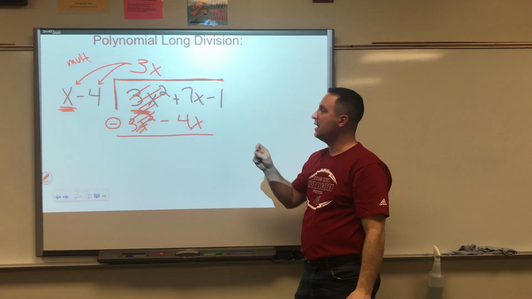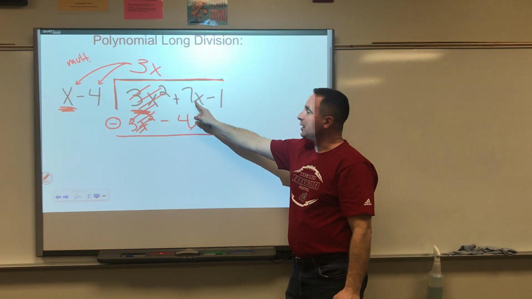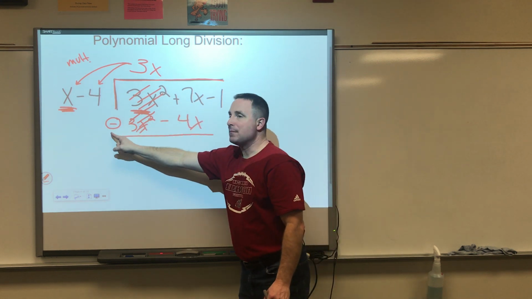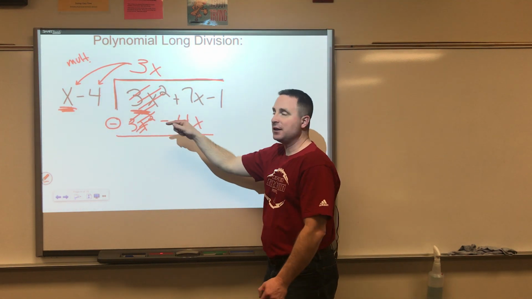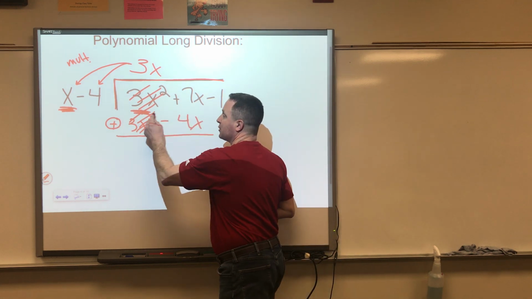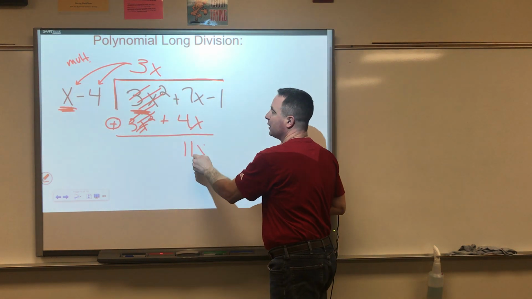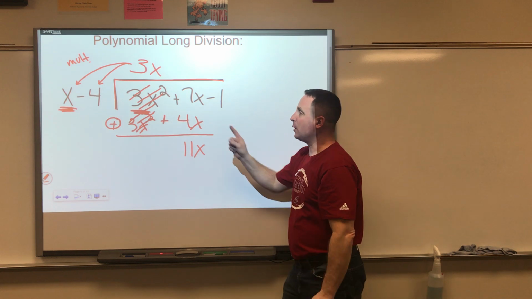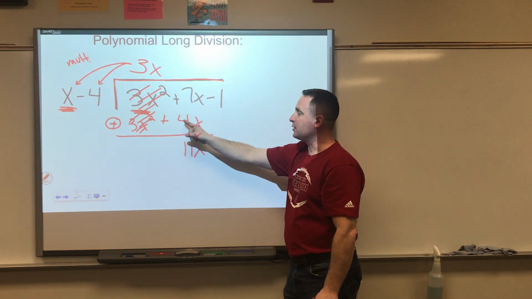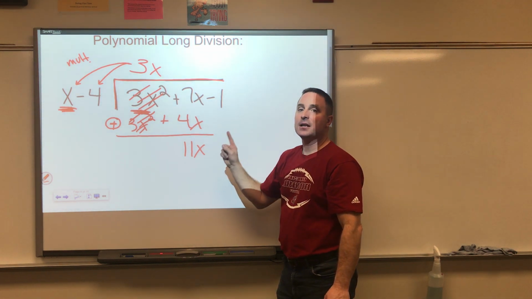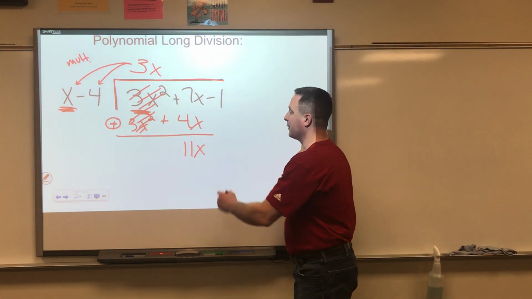They disappear. Then I go to my next terms, and I do 7x minus negative 4x. And as you know, minus a negative turns into a change. And I actually end up with 11x. The vast majority of people, if they don't write the subtraction sign and circle it, are just going to do 7 minus 4 and get 3. So always write the subtraction sign out there.